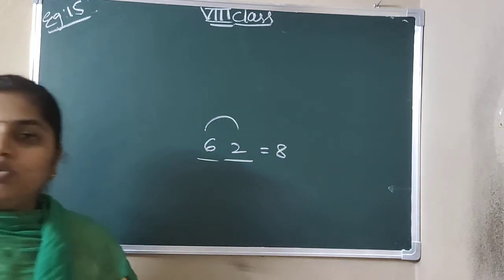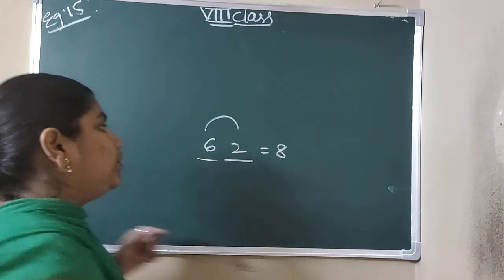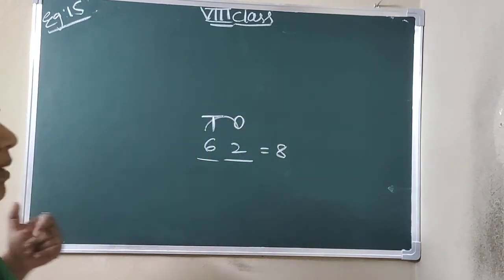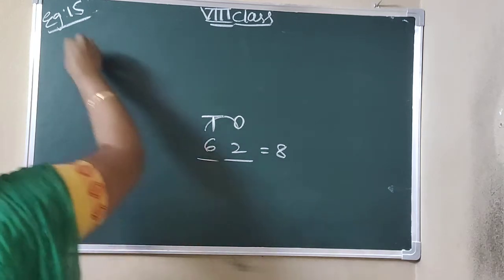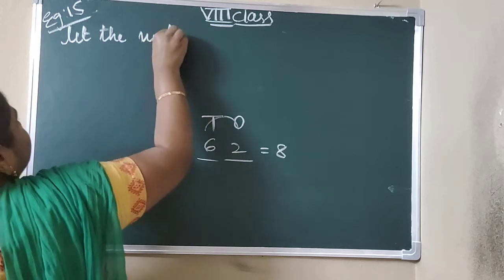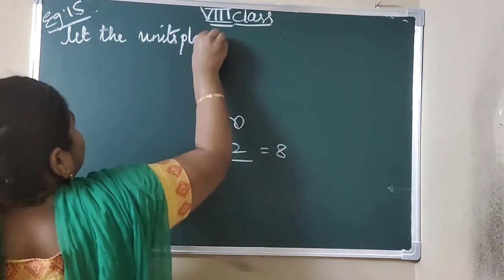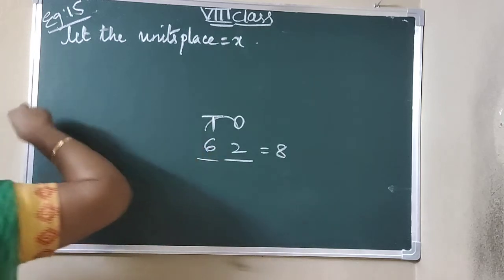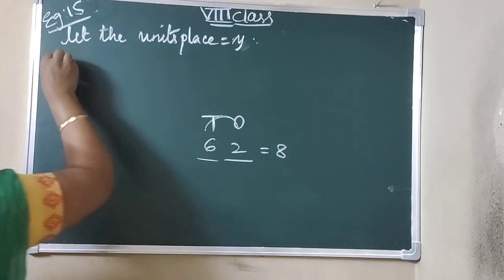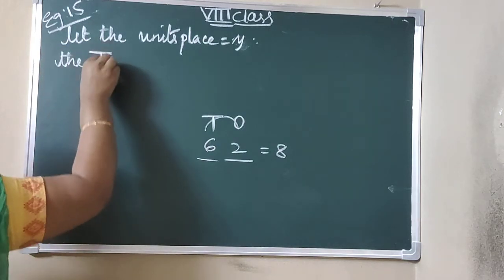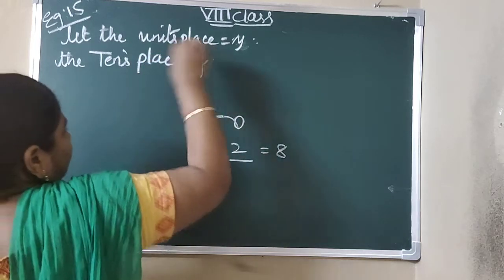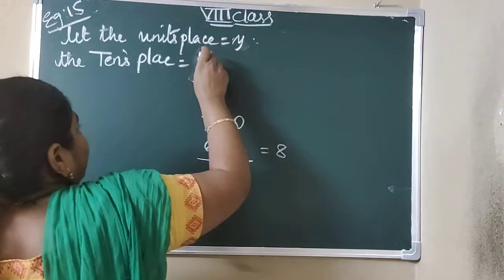In any two digit number you will see one units place as well as one tens place. So in the same way, let the units place be y, and the tens place be x.